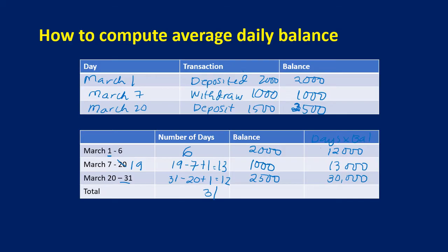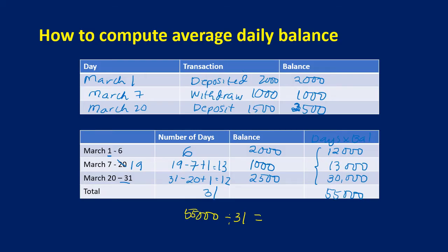And then you get this sum. What is that? 12,000 plus 13,000 plus 30,000, so that's 55,000. What you need to do is to divide 55,000 by the number of days. So let's compute. 55,000 divided by 31.